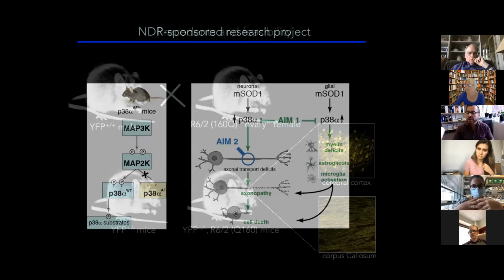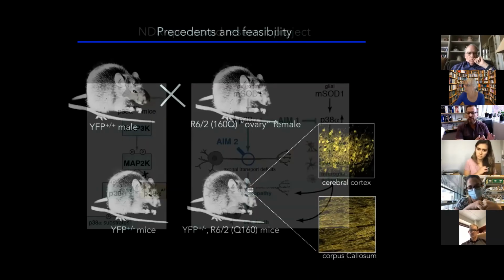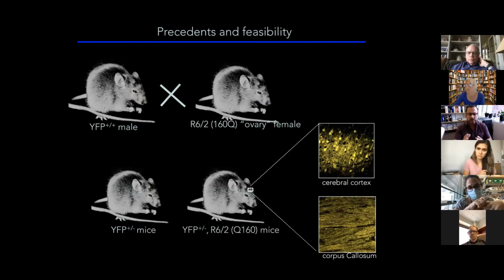So we did a study that is very analogous to this. We took these clues from the squid, these secrets that we extracted from the squid, and we went to an animal model of Huntington's disease that is known as R62 mice, okay? And we crossed those mice with YFP mice that express fluorescent proteins in a subset of neurons.